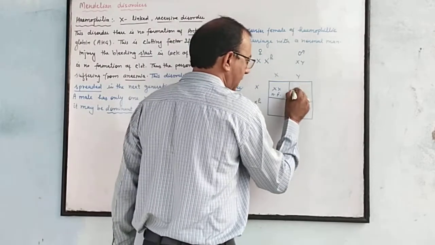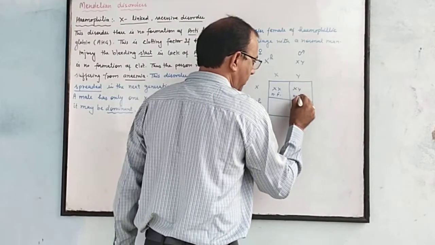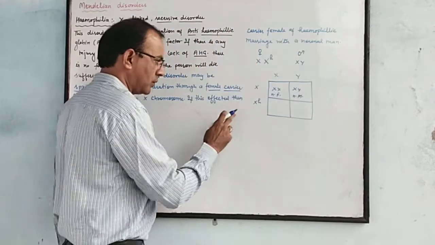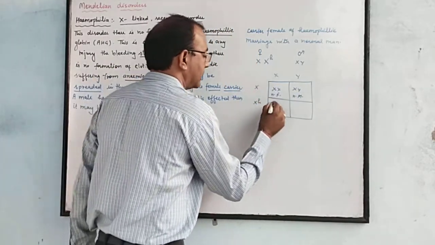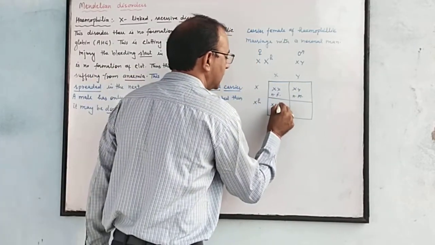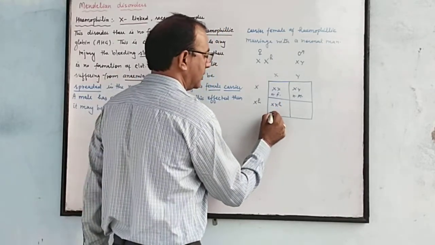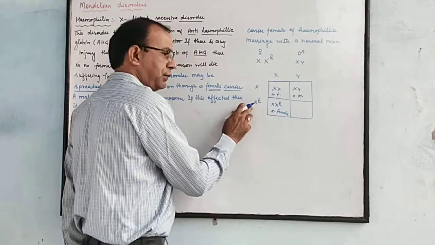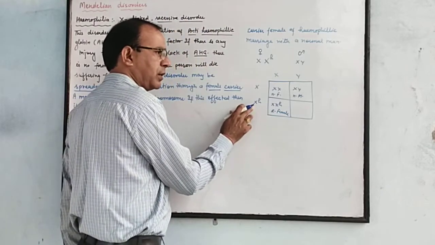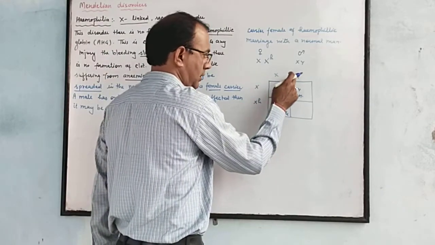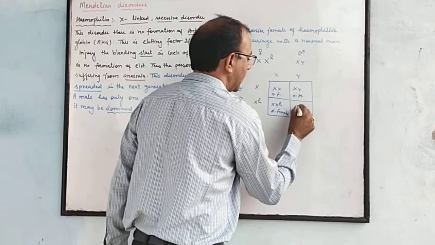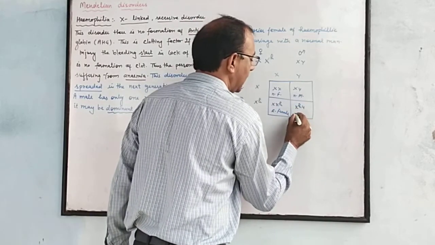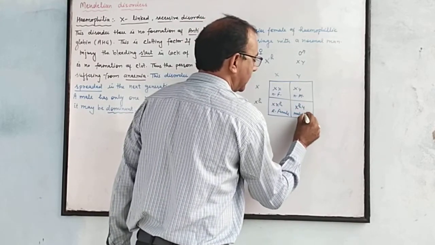X and Y gives XY, a normal male. XXH means this is the carrier female. And if this X, which is affected by hemophilia, crosses with the Y, then it forms XHY, an affected male.